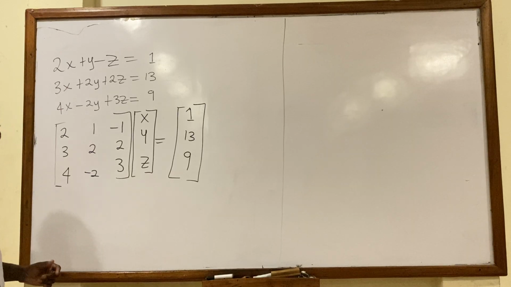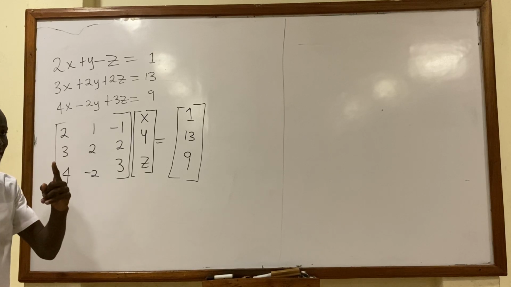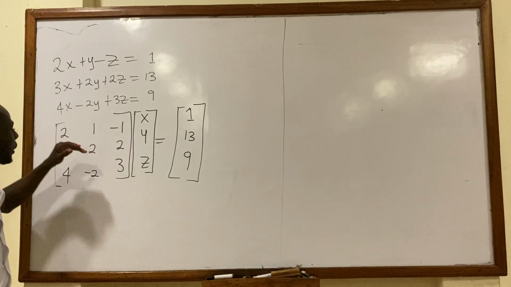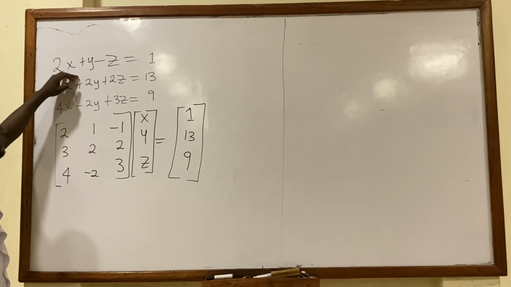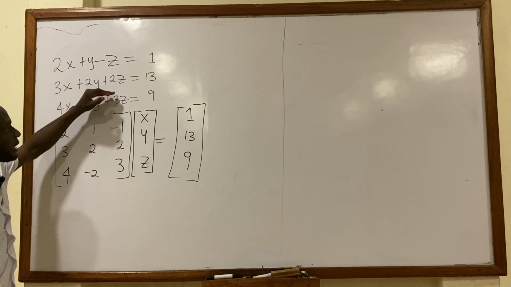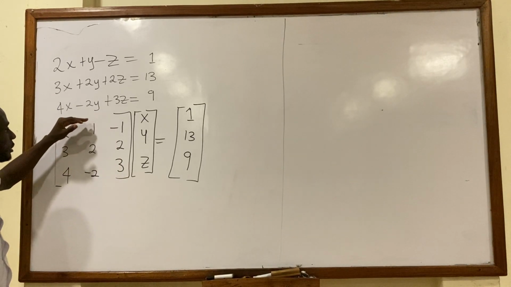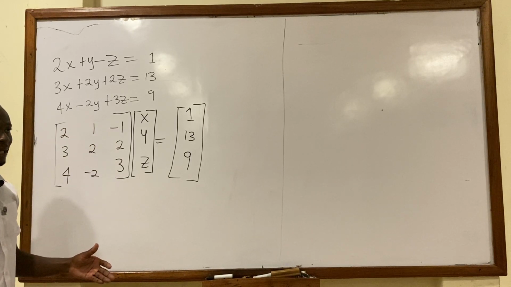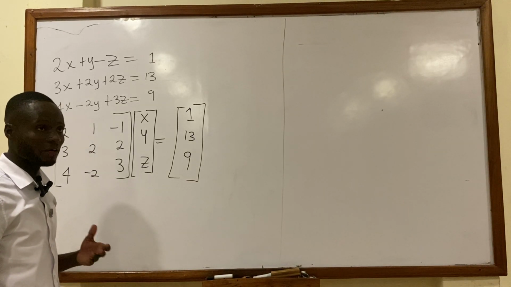Or you can go this way: you write the coefficients of the first equation on the first row, the second equation on the second row, and the third equation on the third row. Either way you go is okay. You can maneuver your way and get the values for the variables.